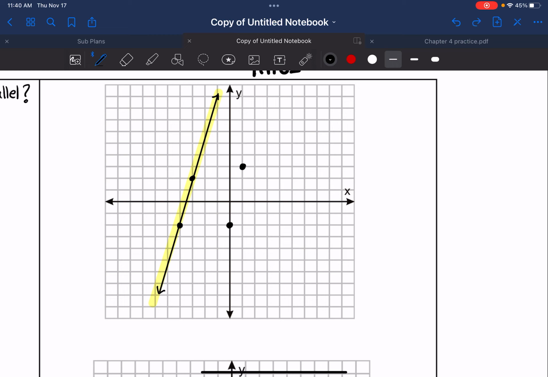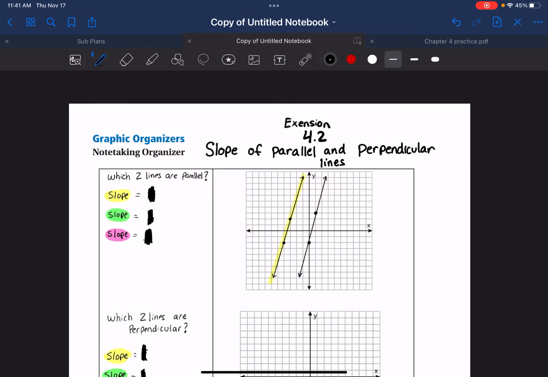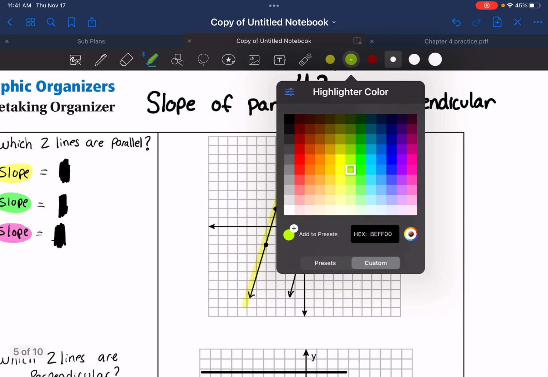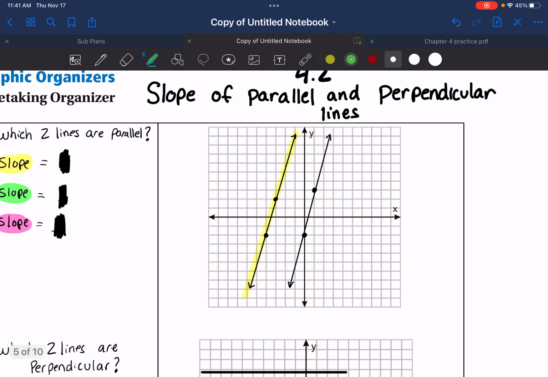Oof, mine is not the greatest. That's good enough. Draw me some arrows on the end. And then we're going to color code that line as well. We're going to make that one be green. Make sure I have the same green that I was using before. There we go.